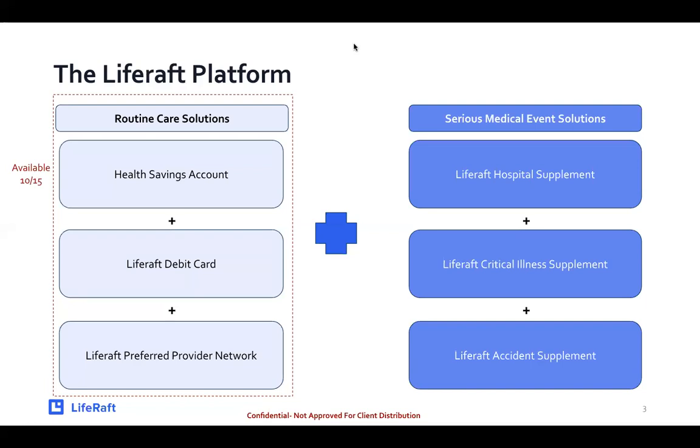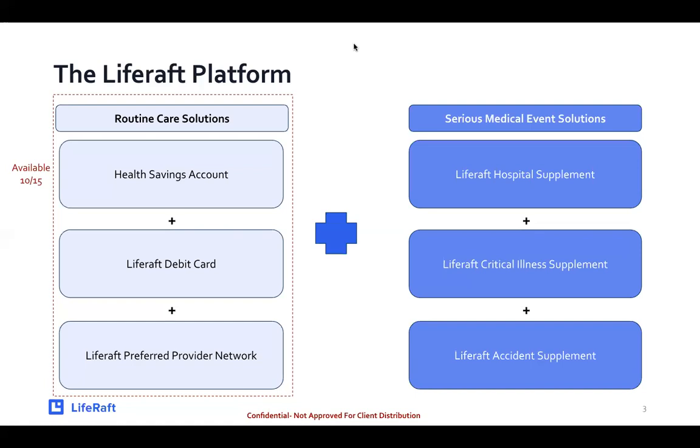And that's really another way to think about the insurance products that we have, right? The serious medical event products are all designed to offer payouts to your clients for specific key risks that are underlying in a major medical plan.